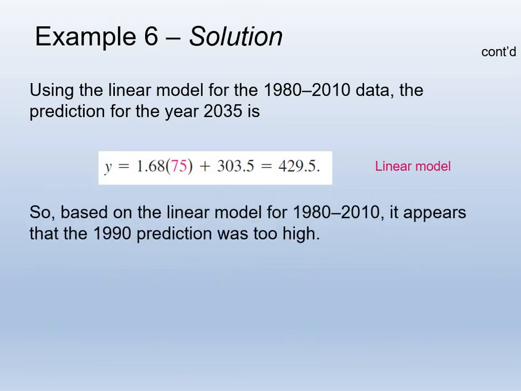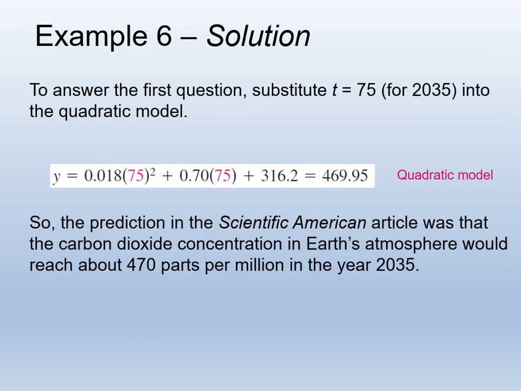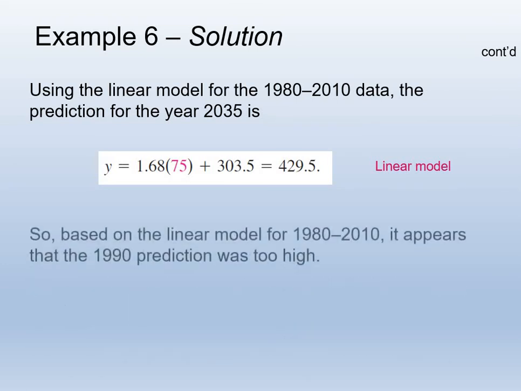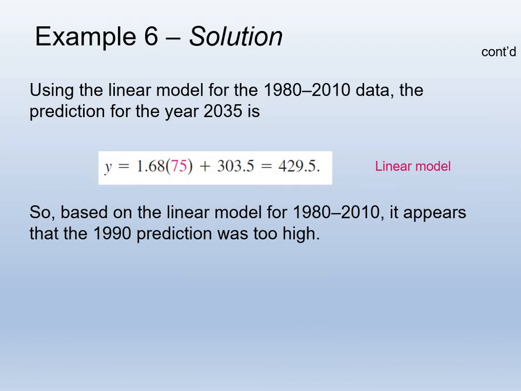If we look back, the quadratic model gave 469.95, and then we used the linear model for the same amount of time, it's 429.5. So it's actually less. This is where you really have to pay attention to who's predicting data and how. There's going to be a lot of false numbers and things like that. You see it in a lot of the data today. It just depends on what model you're using.